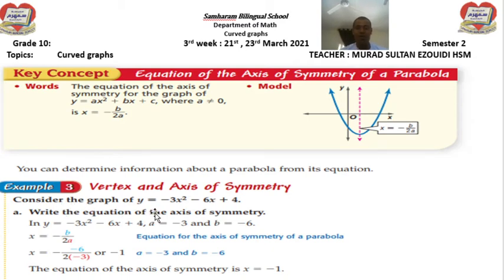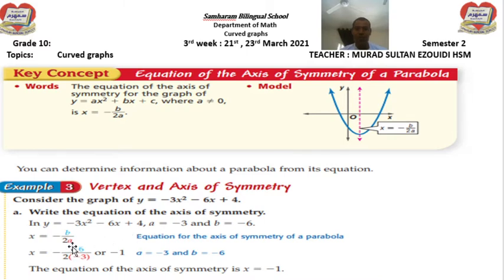So consider the graph of y equals negative 3x squared minus 6x plus 4. From the beginning, a is negative 3, b is negative 6, and 4 is c. Write the equation of the axis of symmetry, just by substitution: x equals negative b divided by 2a.